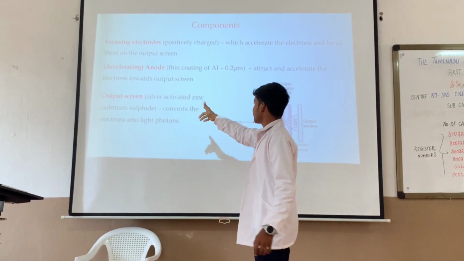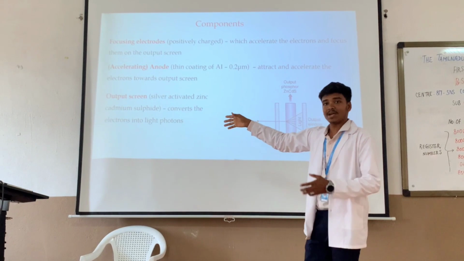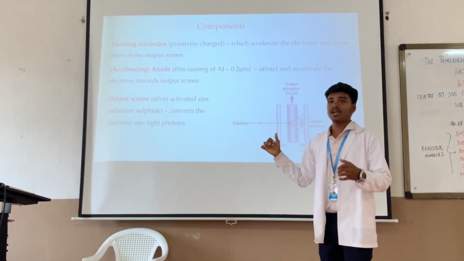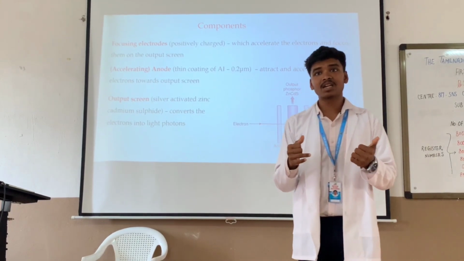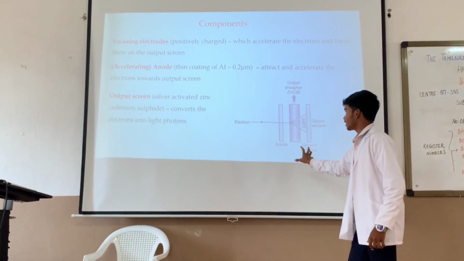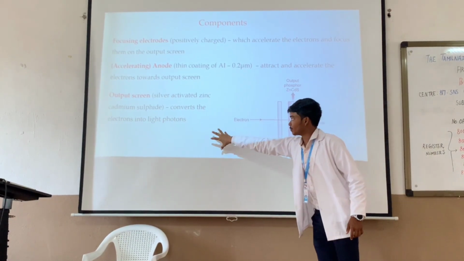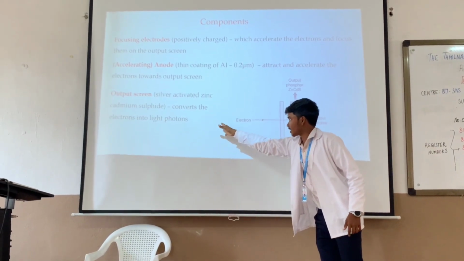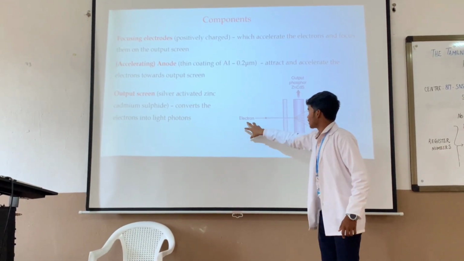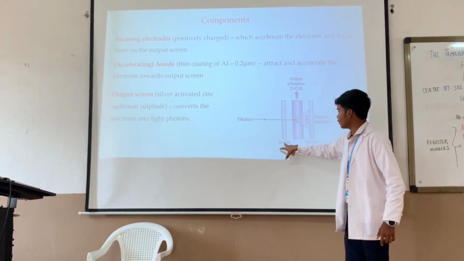Then the output screen is silver activated zinc cadmium sulfide, which converts the electrons into light photons. So the electrons from the input screen are focused by the focusing electrodes and move towards the anode.